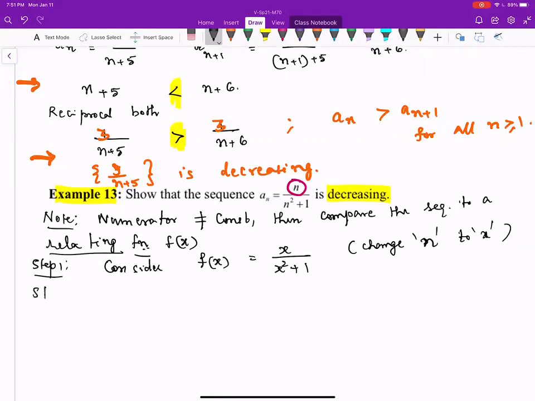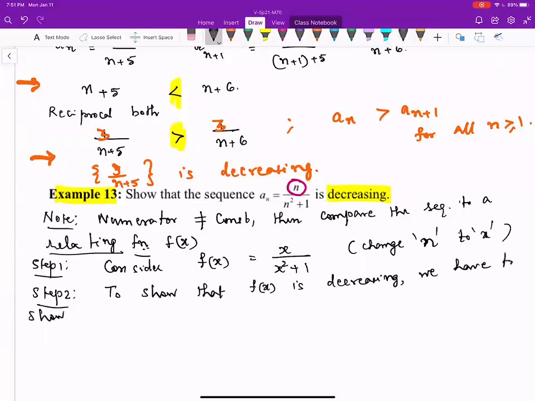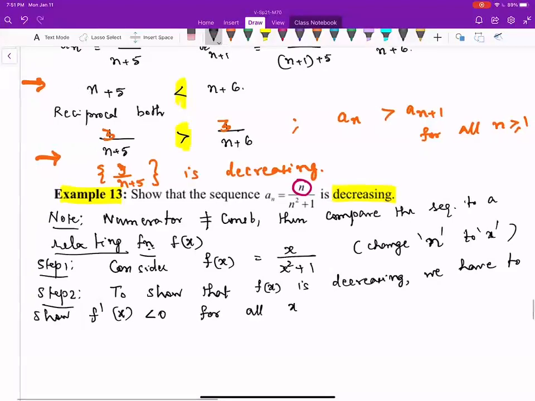So how do you show that a function is decreasing? We have to show the derivative is less than 0 eventually, meaning that for all x more than 1, or eventually.